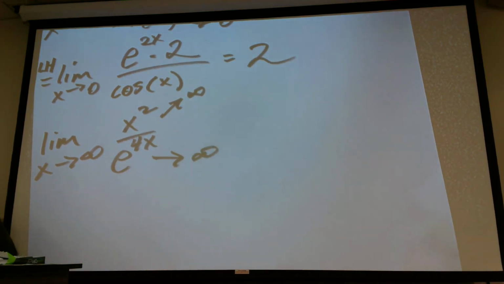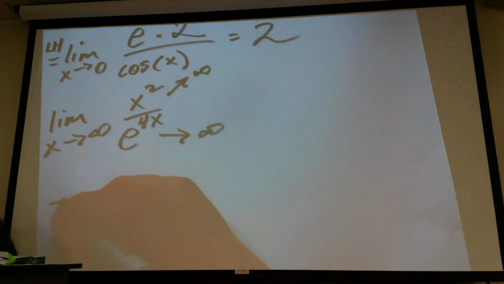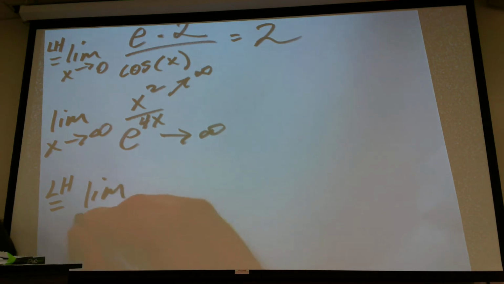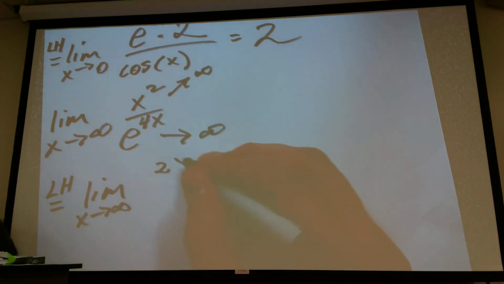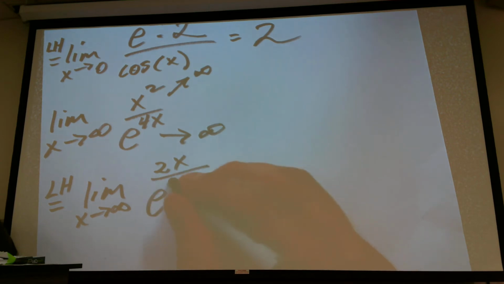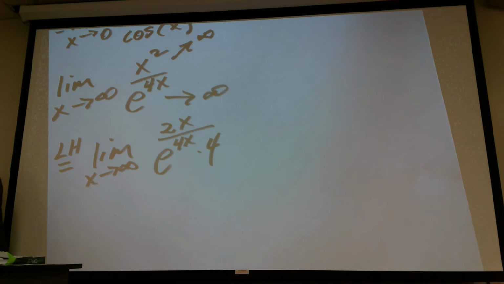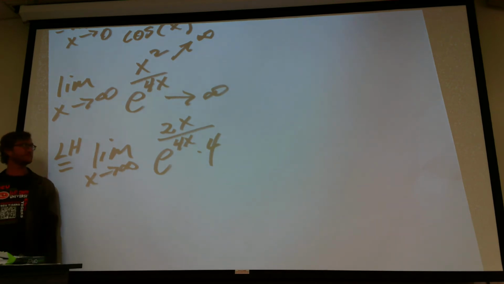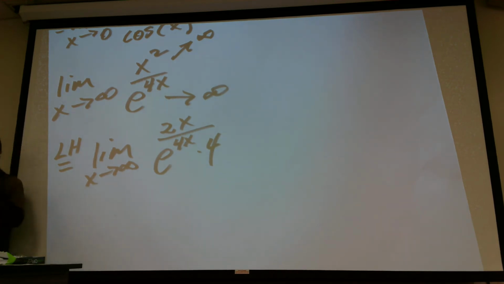That also tends towards infinity. So go ahead and apply L'Hopital's rule. That'll be 2x divided by e to the 4x times 4. Well, it's still infinity over infinity.